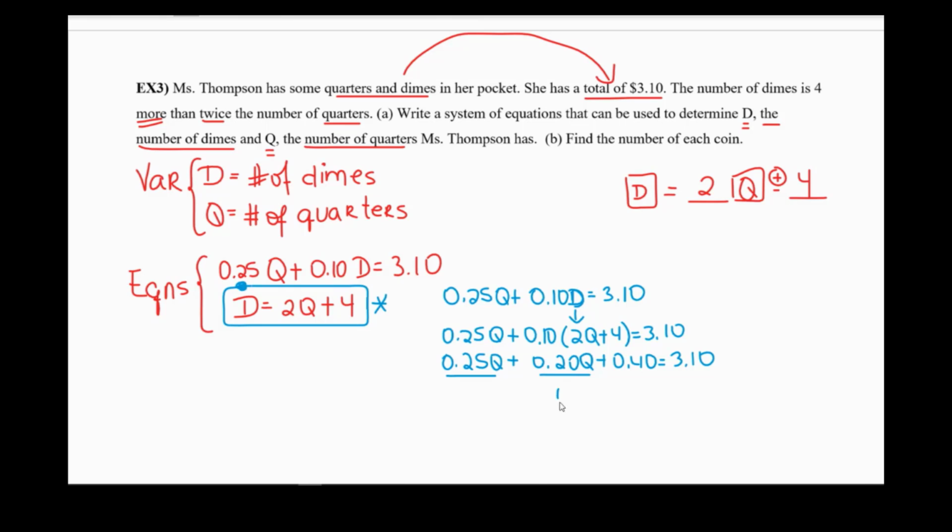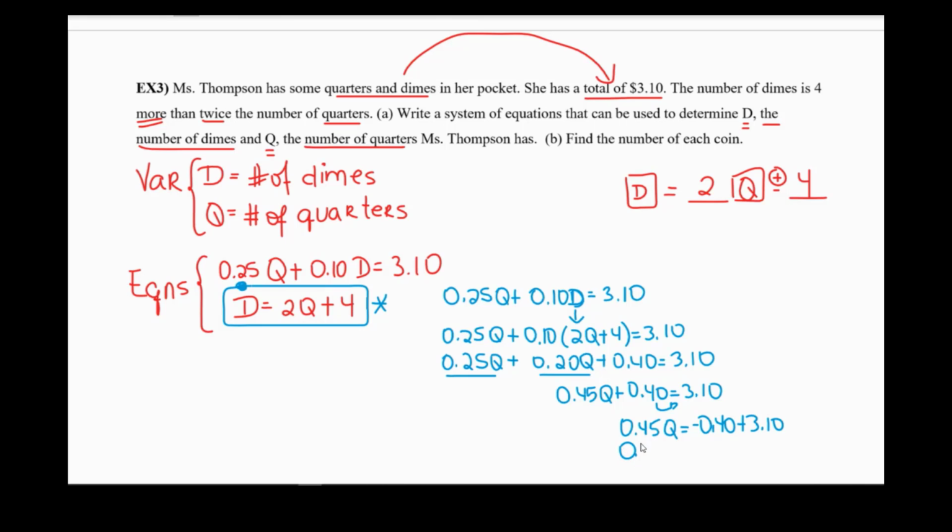So this would be 0.45Q plus 0.40 equals 310. I'm going to send the 0.40 to the other side. So this would be negative 0.40 plus 310.